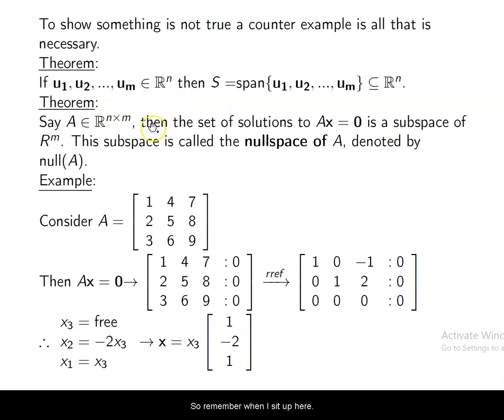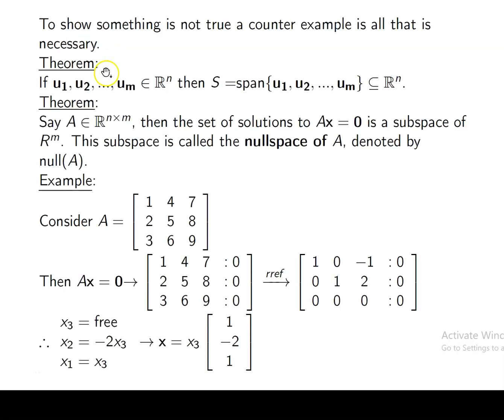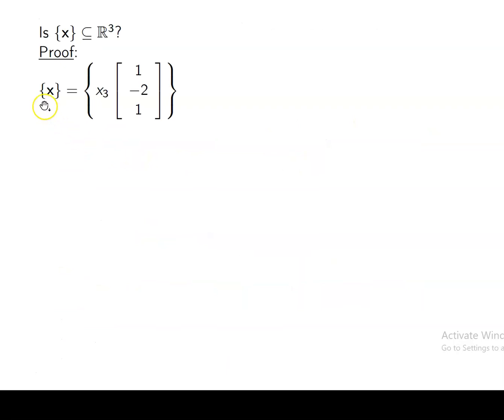So remember what I said over here: the null space is a subspace. Is this vector x a subspace of R3? Well, yes it is, because the null space is a subspace. So, proof. The set x is the set of vectors that look like this multiplied by any scalar value, and x3 is a scalar value.